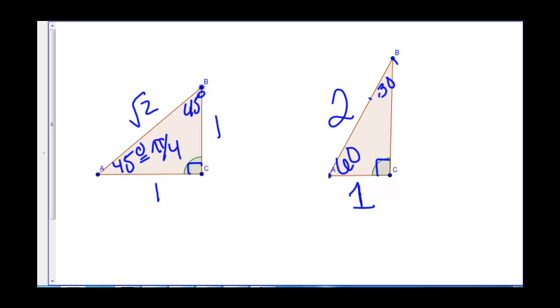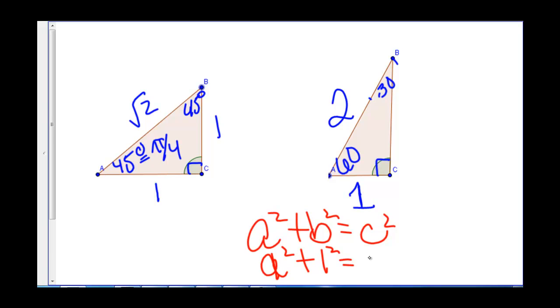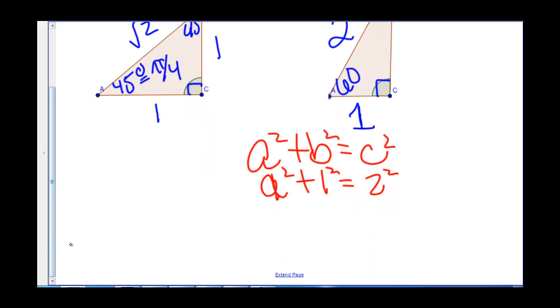So we can use the Pythagorean Theorem. So a squared plus b squared equals c squared. a squared plus 1 squared equals 2 squared. a squared plus 1 equals 4. a squared equals 4 minus 1, which is 3.